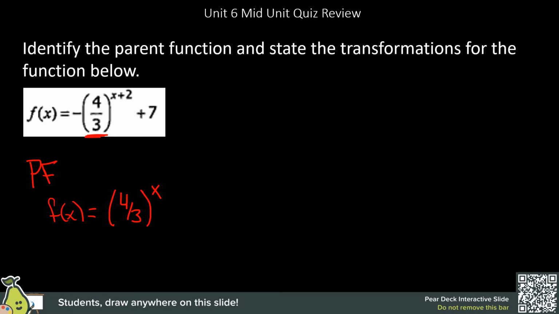And if you'll recall, everything else is going to be a part of a transformation. So let's go ahead and read this from left to right. As we see that negative, that negative is going to cause a reflection. This plus 2 that we have up here is going to cause us to go 2 units to the left. Remember, we go opposite directions on those.